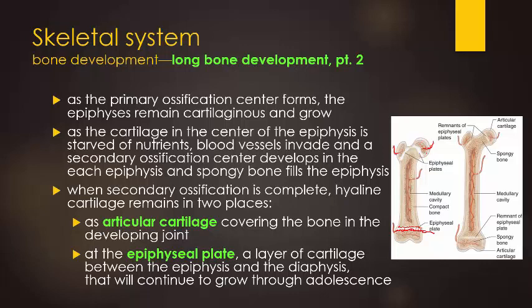The spongy bone forms in the center, but compact bone develops around that secondary ossification center. Spongy bone will remain here in the epiphysis, so we'll have a big region of spongy bone, but we'll also, in the maturing bone, see a region that is still epiphyseal cartilage.